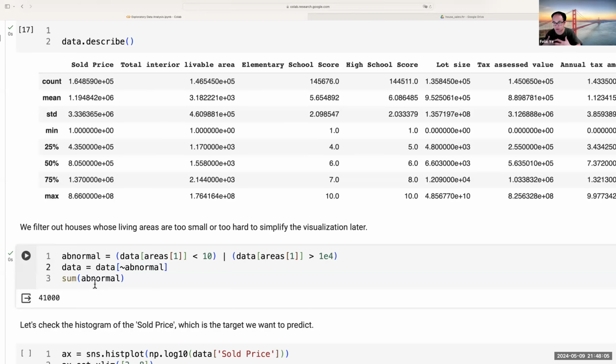So we are not going to work on these. We're going to throw this away, because if we include all this data, it will contaminate our data. It will significantly lower my model's prediction ability. So my focus here is on the data considered to be normal.